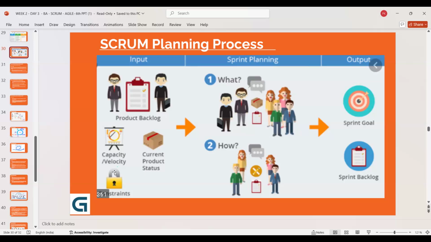Okay. Next point is sprint planning. As we can see, everyone is available in this. All the team members, all the people are with different hair color, different clothing. That simply tries to show diversity.